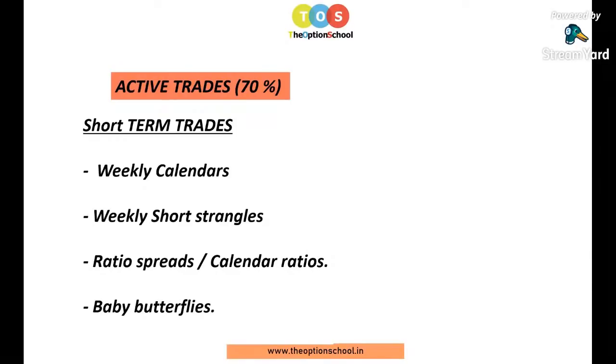So what kind of returns do we expect from each kind of trade? That is something I've kept on hold. I will definitely share it, maybe in the next exclusive video, what kind of returns we expect from each kind of trade. So if I expect x return from passive income, then x into 30% of my capital, y into 40% from medium term, and z into 30% of short term, divided by 100, will give me the overall return expected from the account.